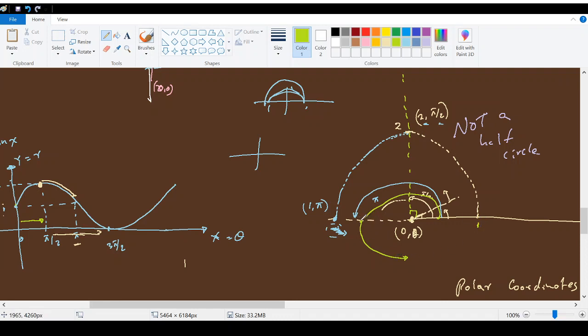So what will happen when you increase the angle from pi to 3 pi by 2 at this point? Then the radius should decrease from 1 to 0, right? So we are starting at this point, and then it will have a decreasing radius until 0, right?